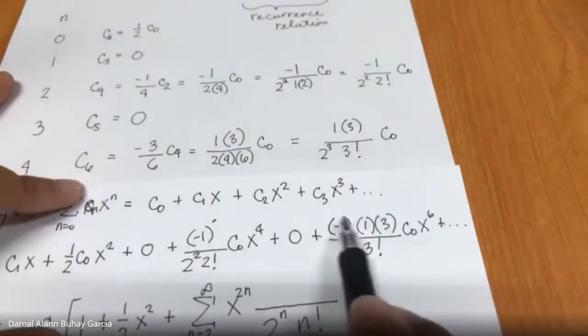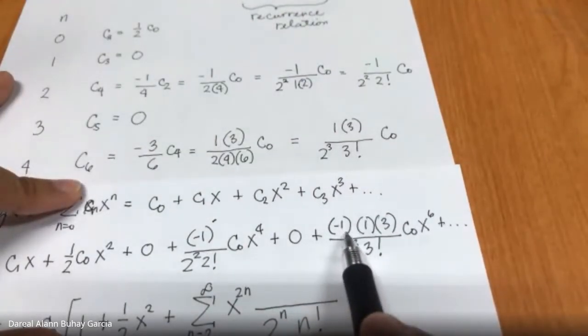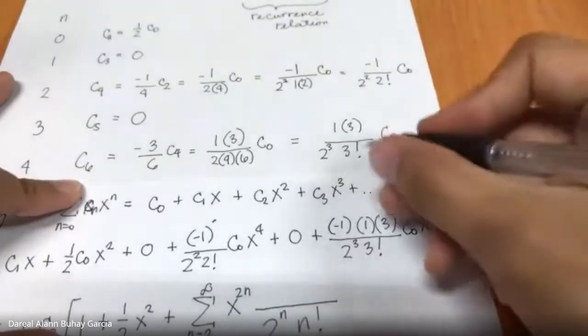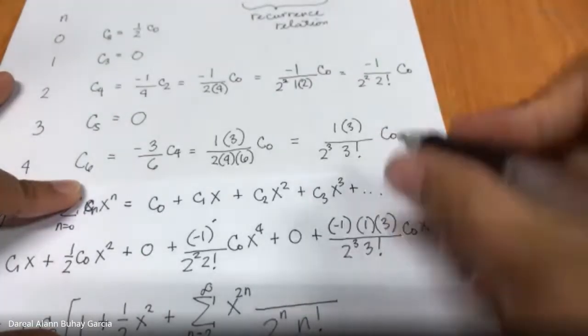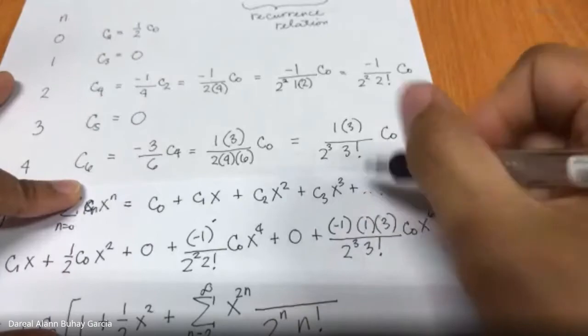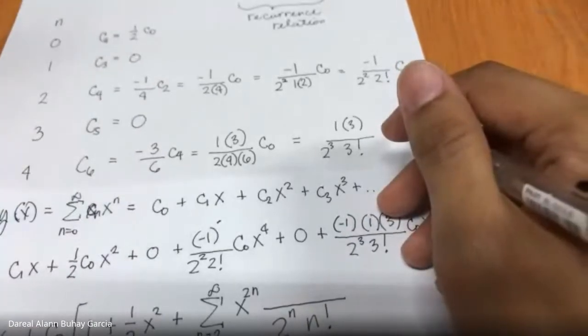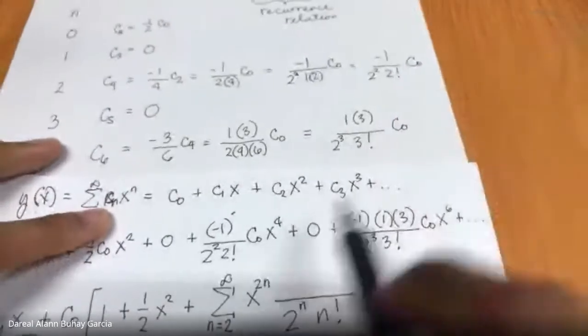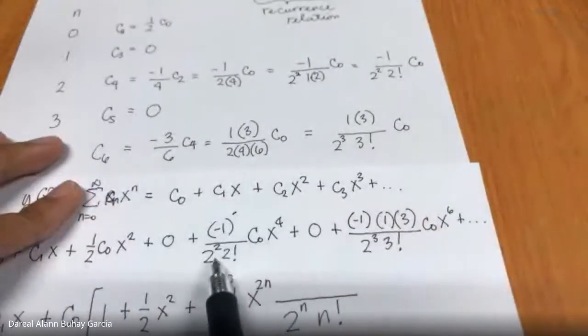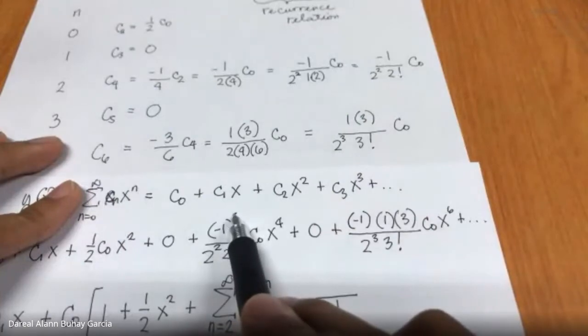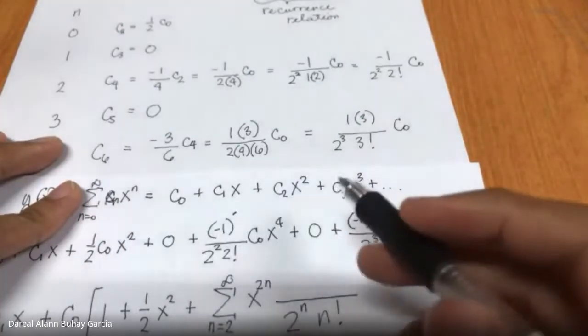Ang even noon, no? Ang odd is, this is n is equal to 3, n minus 1. Kung n minus 1, when n is 2, 2 minus 1 is 1, so negative.